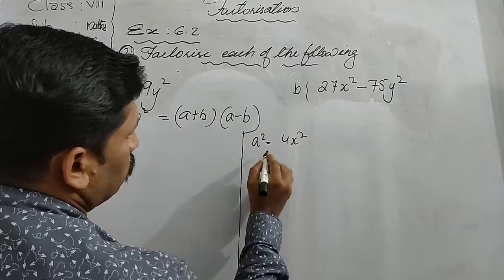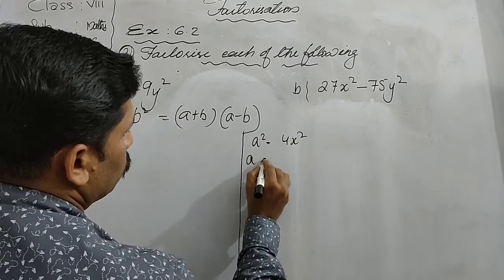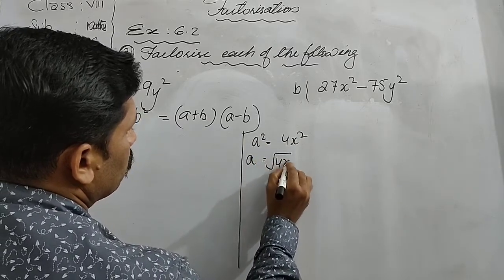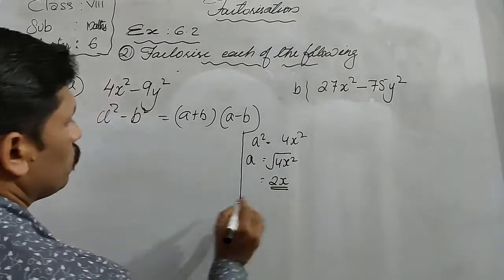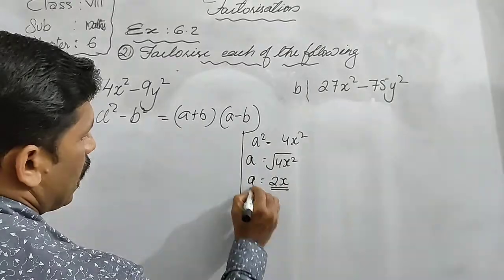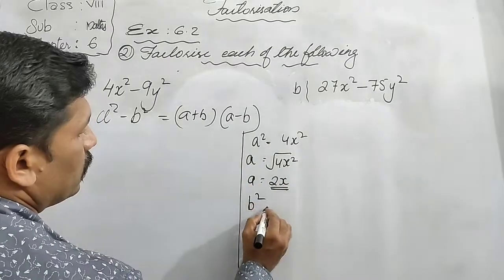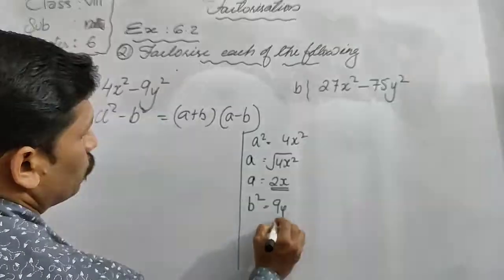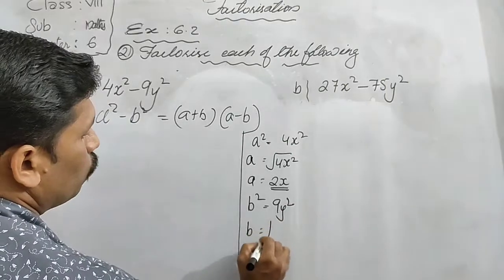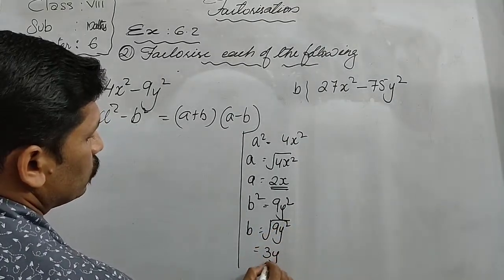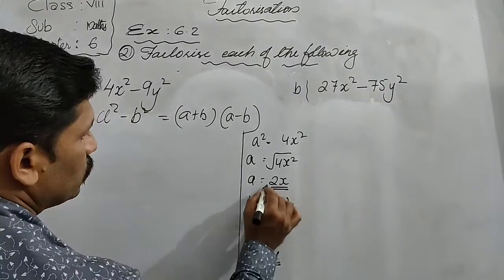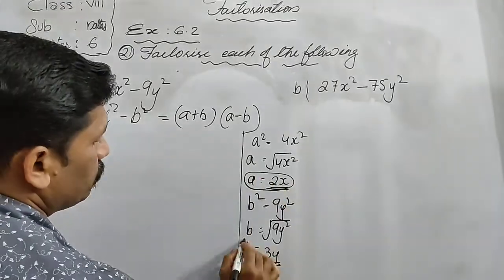Therefore a is equal to root of 4x square, that is equal to 2x. 2x into 2x is equal to 4x square. So a means 2x, and b square means 9y square. Therefore b is equal to root of 9y square, that is equal to 3y. So a and b we already got. This is a and this is b.